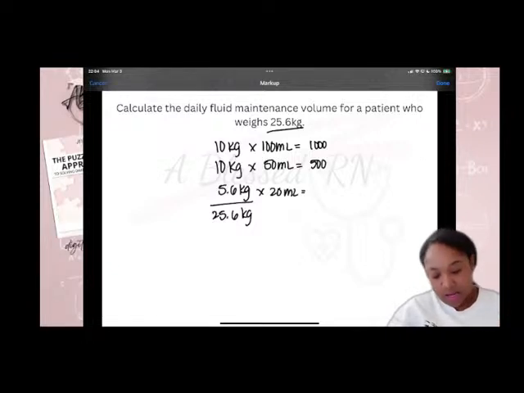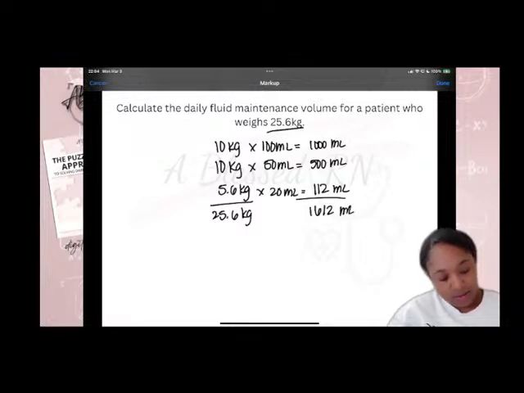So now we've got 5.6 times 20, which is 112 milliliters. So it's 1612 milliliters per your 24 hours. Boom. That's how you do it.